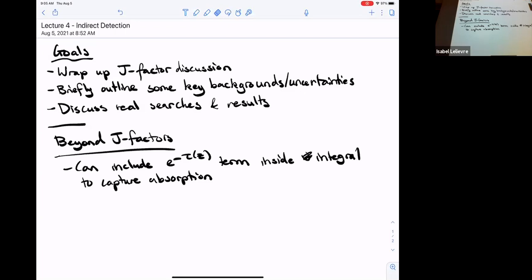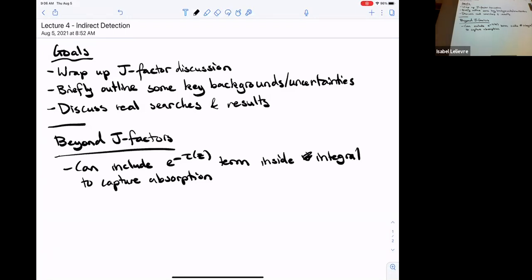Examples are if you have very high energy photons traveling through our universe. For sufficiently high energy photons, the universe becomes opaque because the pair production cross-section on the radiation background becomes large. So a sufficiently high energy photon traveling through the universe will hit a CMB photon or an IR photon or a UV photon, and it can pair produce. And then that electron and positron will propagate potentially, as we discussed for charged particles yesterday.